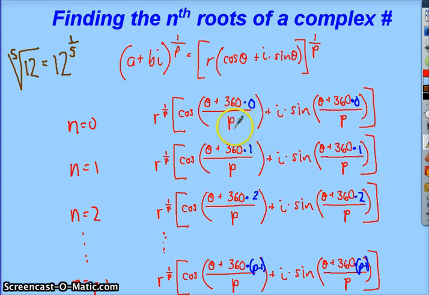In other words, all we're really doing from n equals 0 to n equals 1 is we're adding 360. And from n equals 1 to n equals 2, we're just adding another 360. So once you get a feel of what this formula is doing, it should not be difficult to work with. Okay? Let's do an example and see how it works.